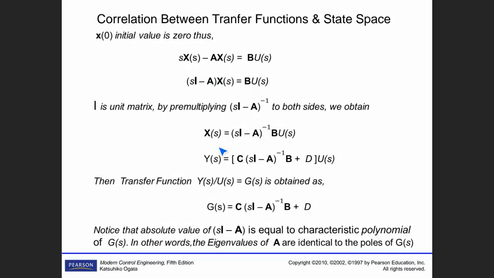So X(s) is equal to, if you convert this one here, you can see that (sI minus A) to the power minus 1 times B U(s), where I is the unit matrix. So I obtain Y(s) is equal to C times (sI minus A) to the power minus 1 times B plus D, times U(s).